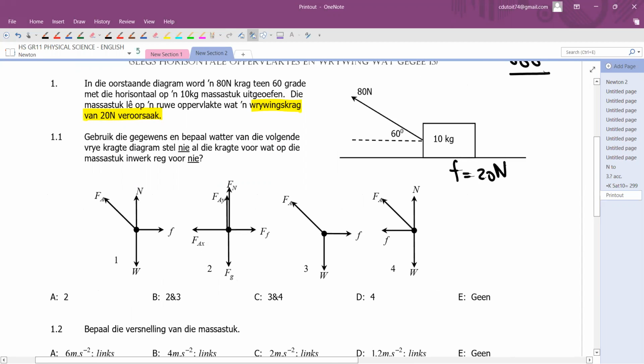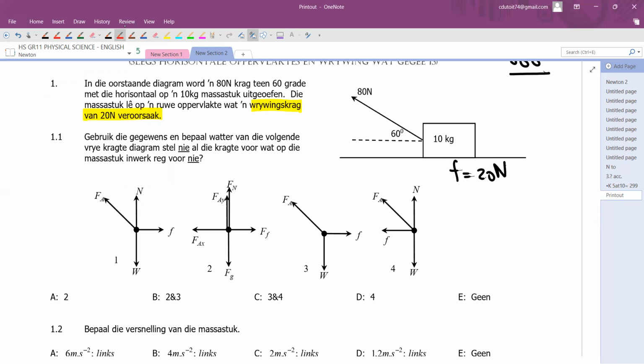Would you say any of those diagrams are incorrect? Which one is the first one is incorrect? No, the first one is correct. You see that it's got the applied force, it's got the normal force, it's got the weight component and the friction. Then the second one is also correct. The applied force is just divided into its components. Then what about number 3? I think number 3 is the incorrect one.